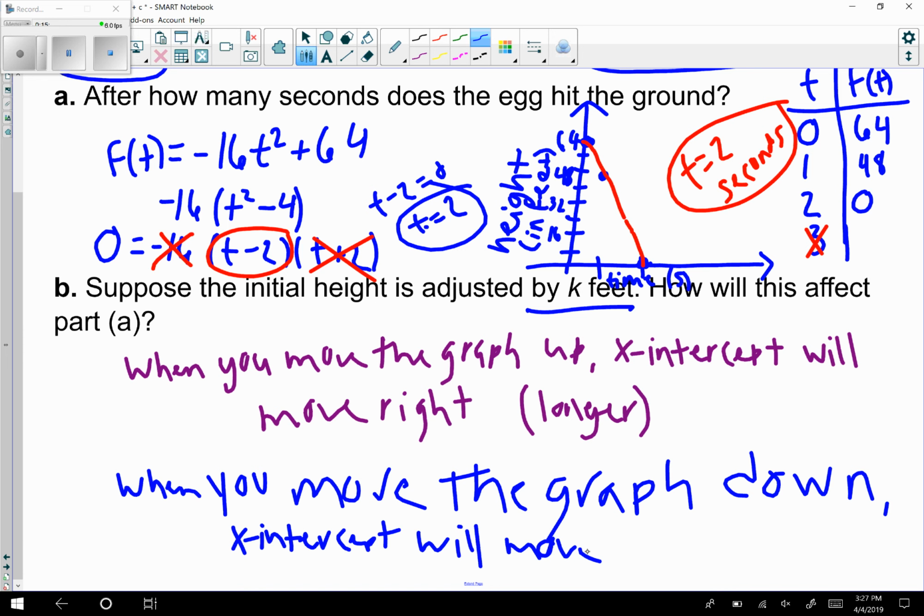Wow, this is really bad. Will move to the left, which means that it's going to take less time, or it's going to be a shorter amount of time for the egg to hit the ground.